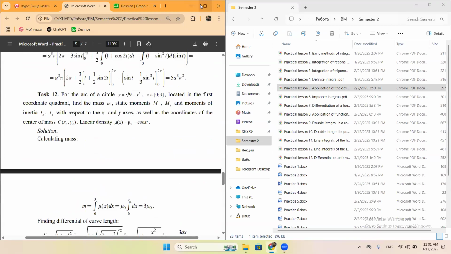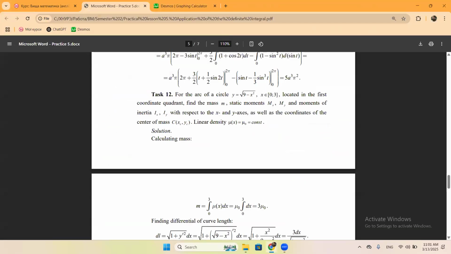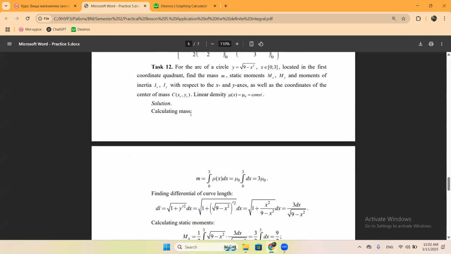So exercise 12. Here we have an arc of the circle, a positive arc located in the first coordinate quadrant, and we need to find the mass, static moments, and moments of inertia with respect to the x and y axes, and the coordinates of the center of mass.